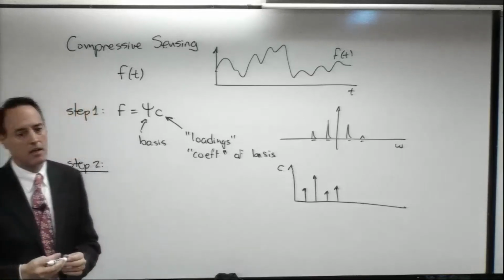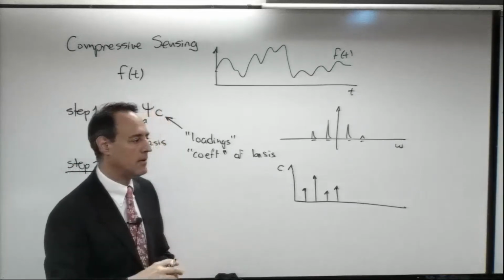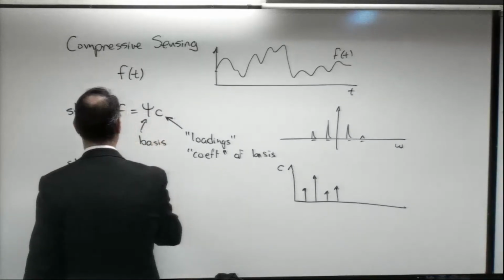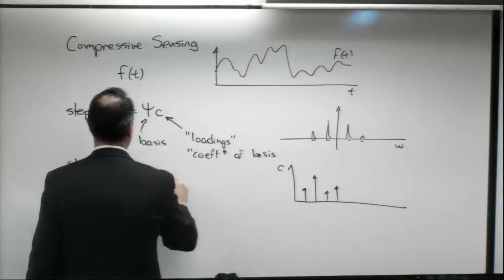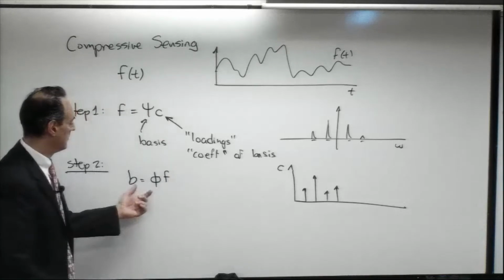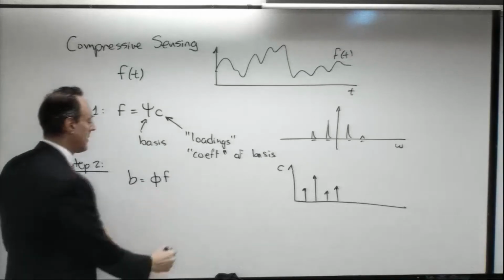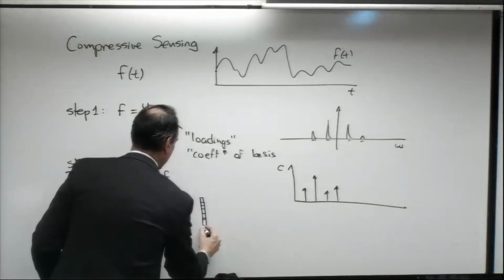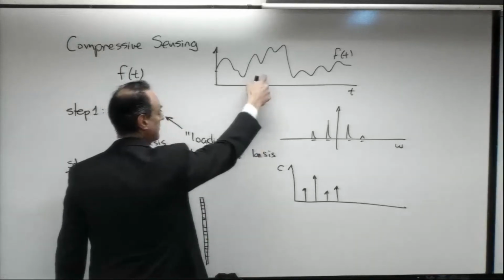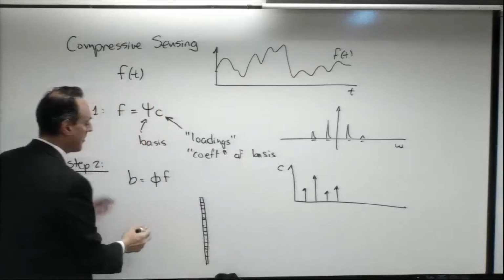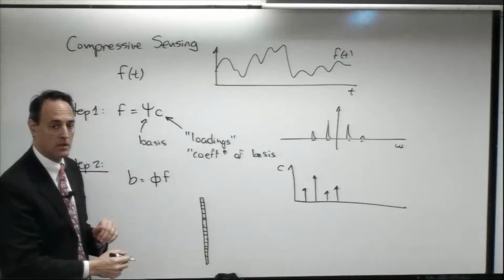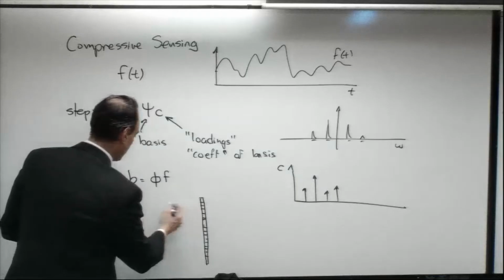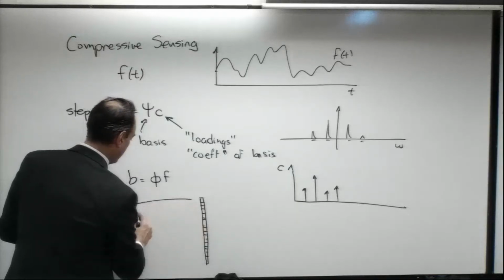I actually take a massive subsample of that signal. The way I'm going to represent this is b equals phi f. f, remember, is my signal. This is a vector of components, and I'm going to massively subsample it. So what I could do is make a sampling matrix. That's phi. It has to be the same size.